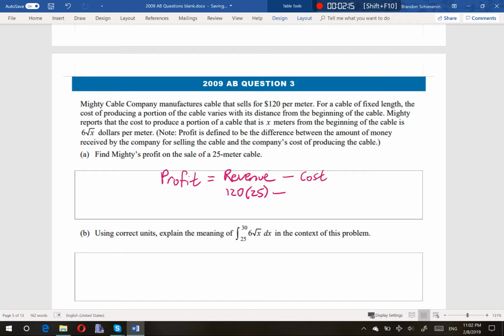So I'm going to subtract what happens if we have a cable that runs from 0 to 25 meters. Should be equal to my profit. Okay, any questions on the setup? No. All right. So then we just need to go do this integral.